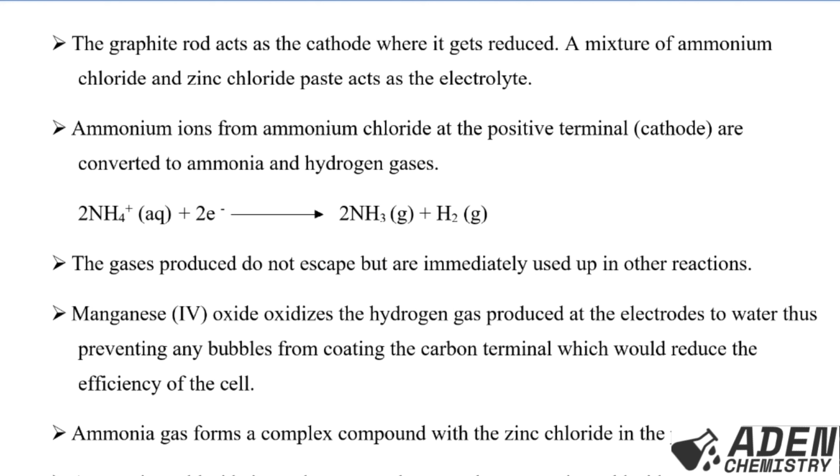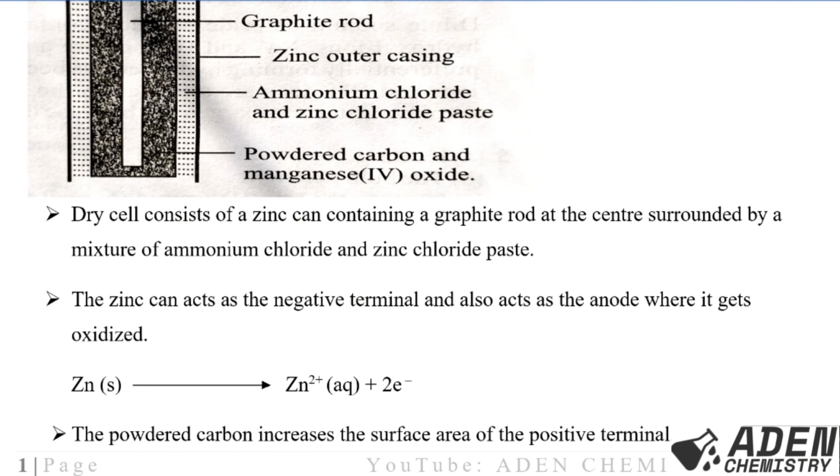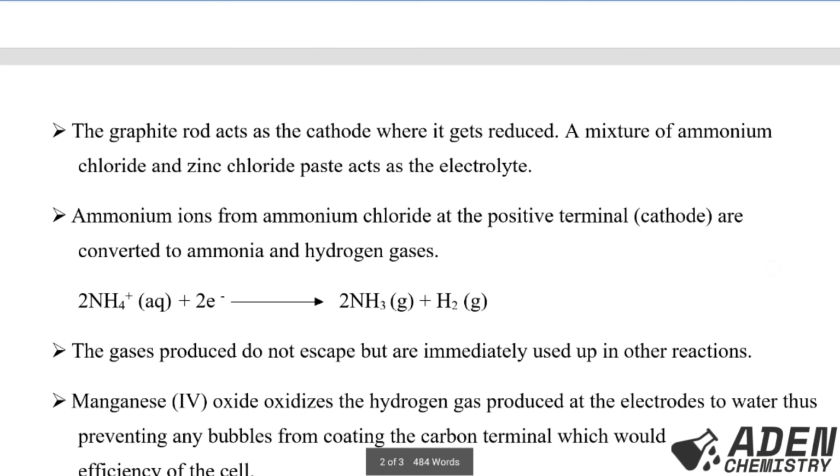So we start with manganese peroxide. Remember, we have seen it here in the Leclanché cell. We have a mixture of bonded carbon and manganese peroxide. We have seen the role of the bonded carbon: it increases the surface area for the positive terminal, the graphite rod. So what about the role of the manganese peroxide?